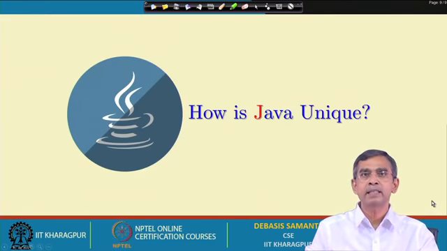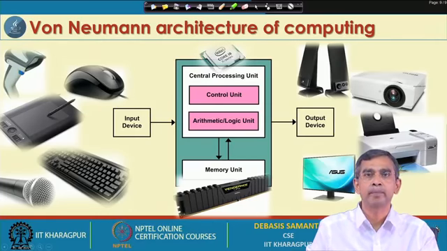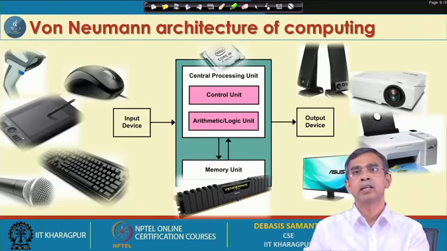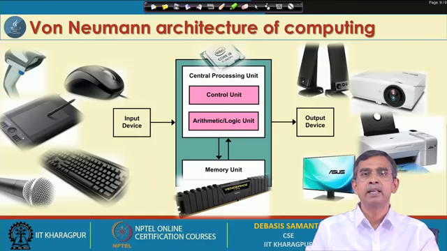Now, I will just discuss how Java is different from other programming environments. In any programming environment, we know the concept used is that it basically takes an input and then produces an output. In order to do this, it uses an architecture, and that architecture is popularly called the von Neumann architecture.